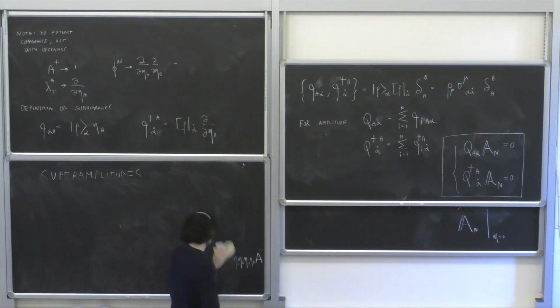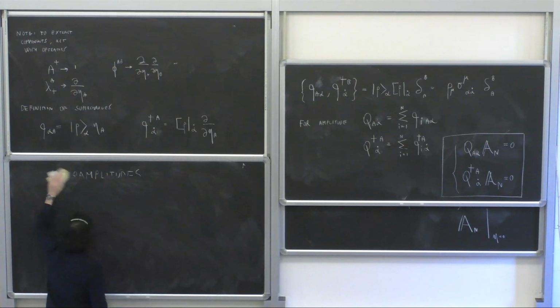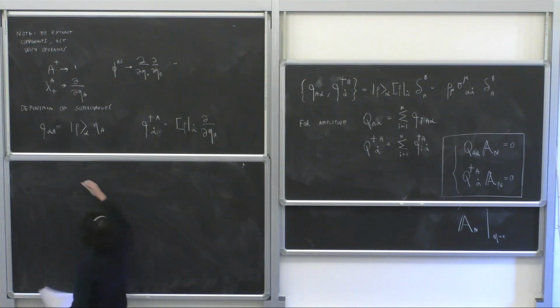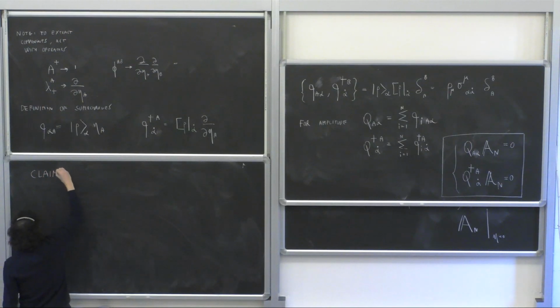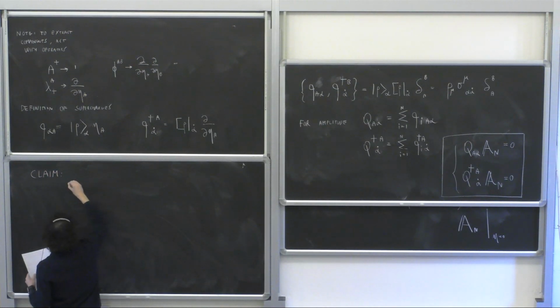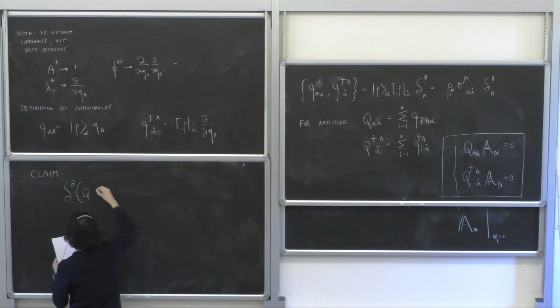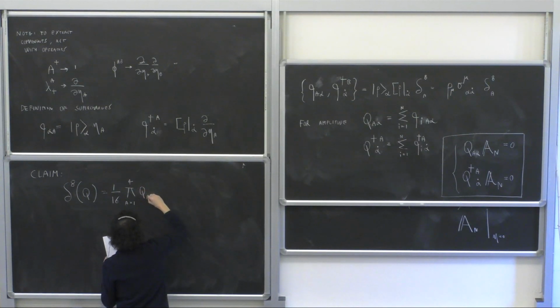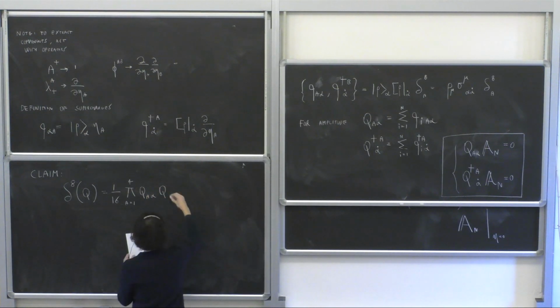So I would like to focus on lower points, and claim that this object, which I call suggestively a delta function of Q, and which I define more explicitly as the product of Q with my Q as low indices, very good, like this.